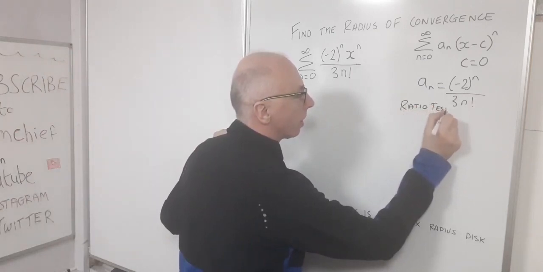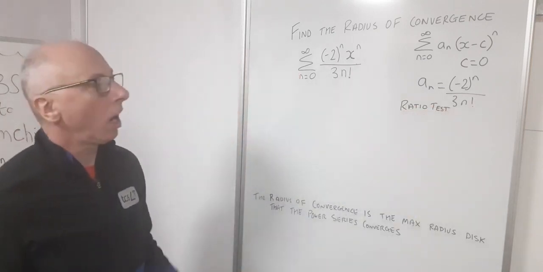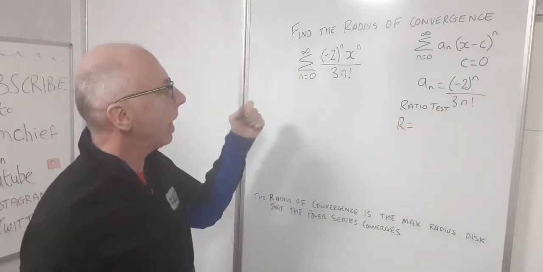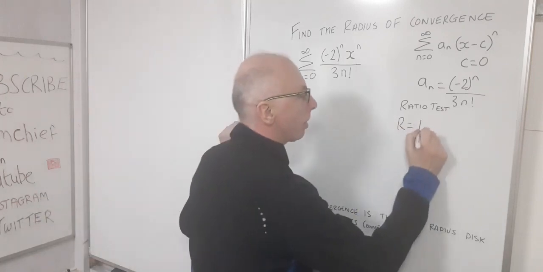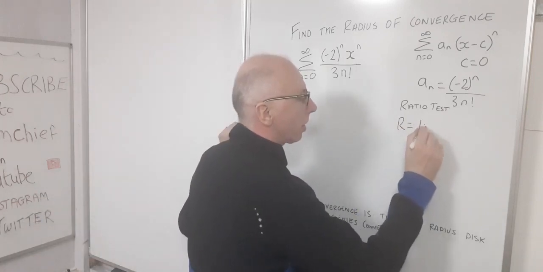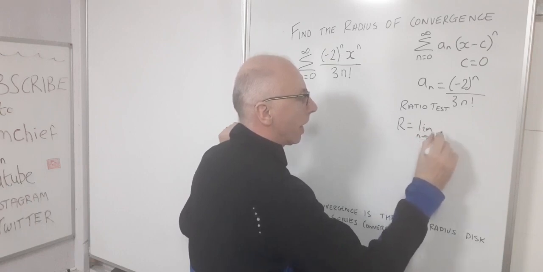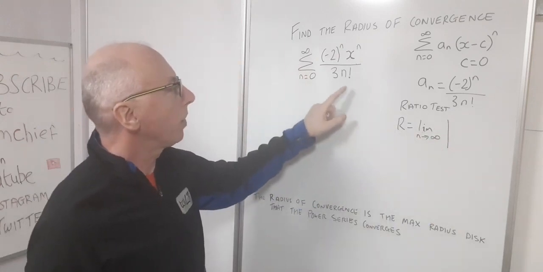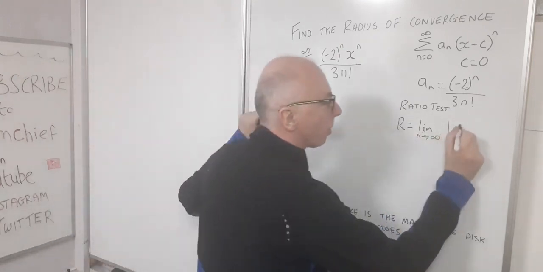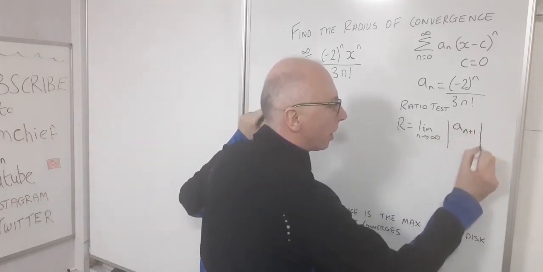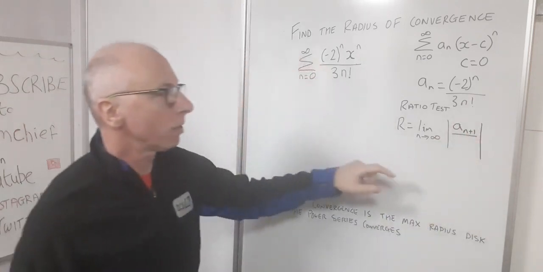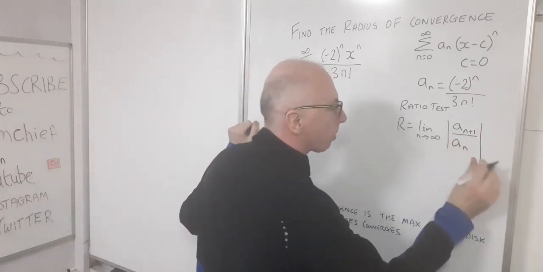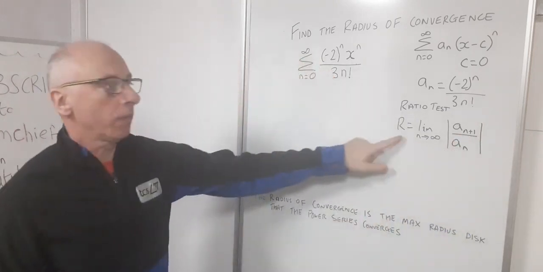This will give us a variable R, capital letter R, and that's calculated by taking the limit as n goes to infinity of the absolute value of the n plus 1th coefficient, a_(n+1), close the absolute values, and because it's a ratio we divide that by the nth coefficient, a subscript n. And that will give us our variable R.